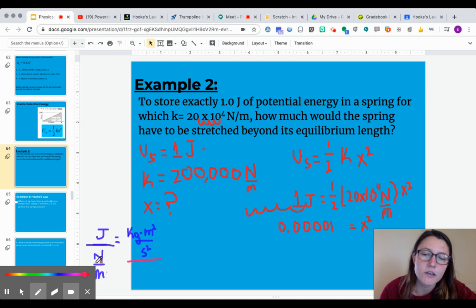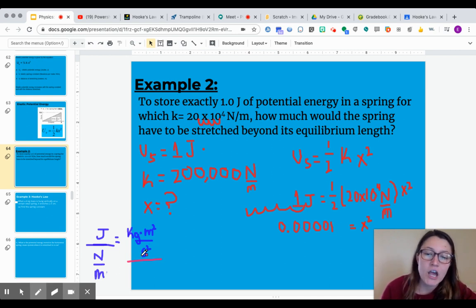We technically know that a newton, F equals MA, right? A newton would be kilogram times meter over second squared. Mass times acceleration, right? The units for mass are kilograms. The units for acceleration are meters per second squared.